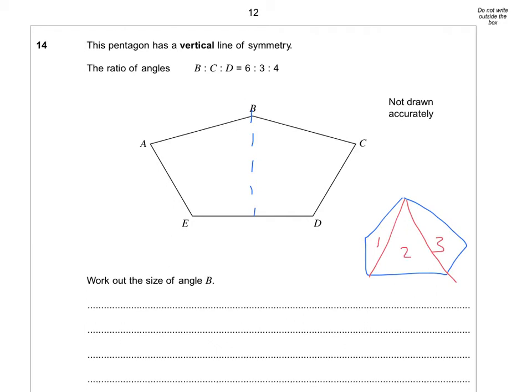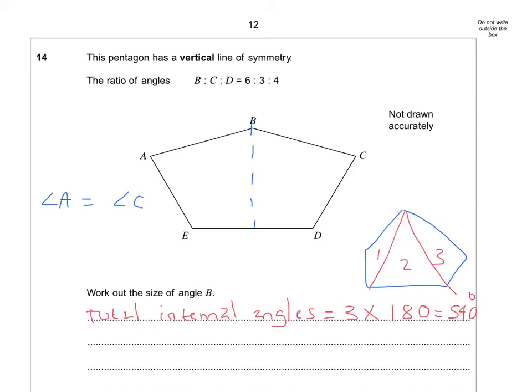So the total of the internal angles is equal to 3 multiplied by 180, which comes to 540 degrees. Now, by symmetry, angle A must equal angle C, and angle E must equal angle D.